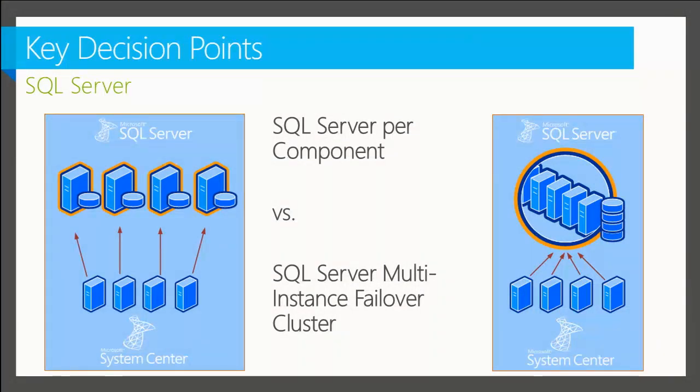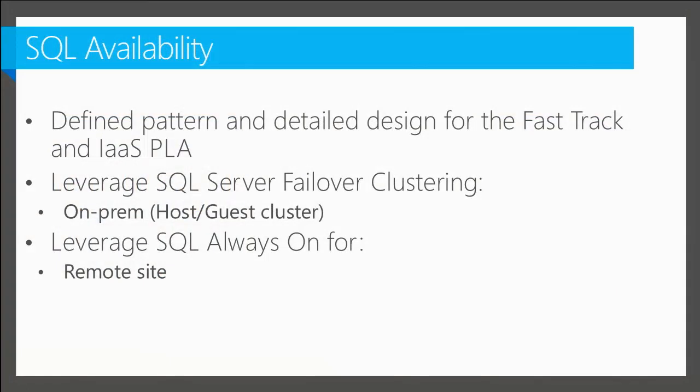As part of our deployment guidance, we would start with a two-node SQL guest cluster and house multiple SQL instances on that cluster. And so we have failover clustering for on-premises high availability and scalability, and then we can also leverage SQL Always On for remote disaster recovery of the SQL environment.